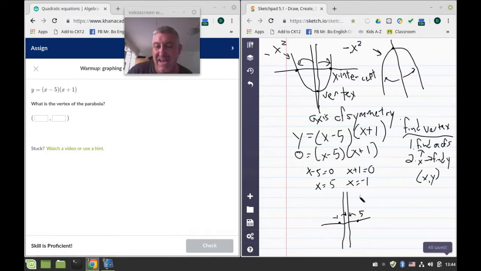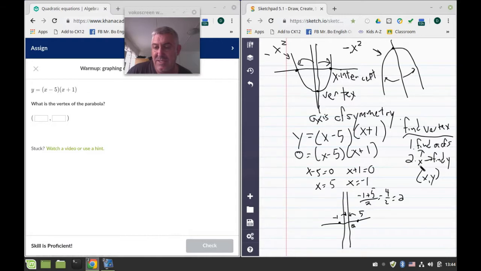It's going to be the average. So we take negative 1 plus 5, add those two together, and divide by 2 to find the average, which is 4 divided by 2, which is 2. That means the axis of symmetry happens at x equals 2. So now we've done step 1.